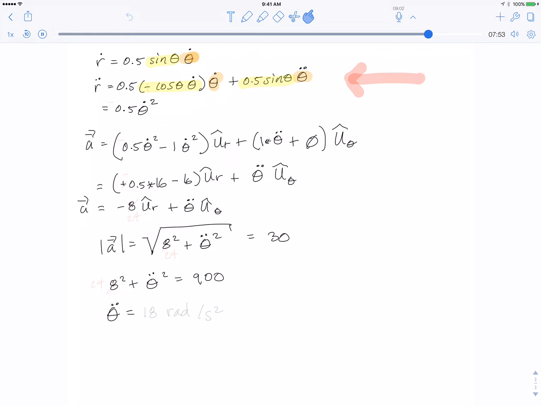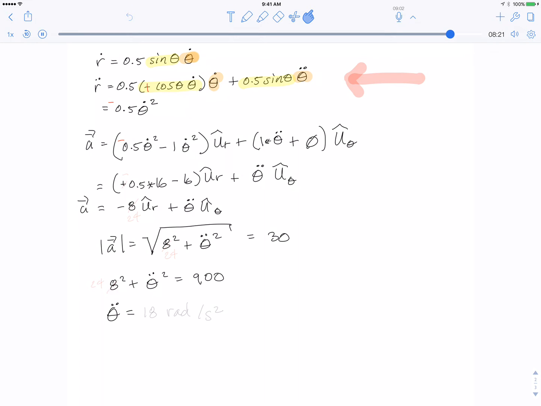And so I went back and looked for my mistake, and my mistake, maybe you saw it, was right here. The derivative of sine is not minus cosine. The derivative of sine is just cosine. And so when you put in the cosine of theta is -1, R double dot is minus 0.5 theta dot squared. So we have minus 0.5 theta dot squared in this acceleration equation.